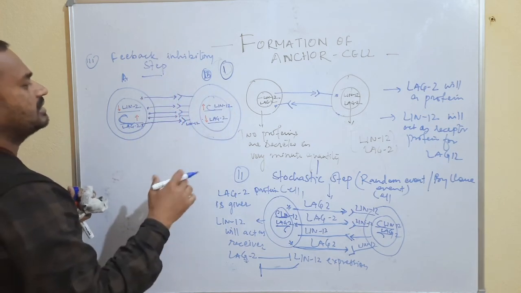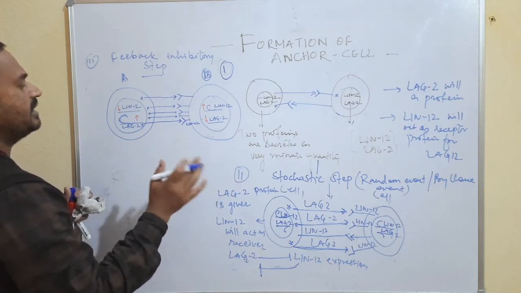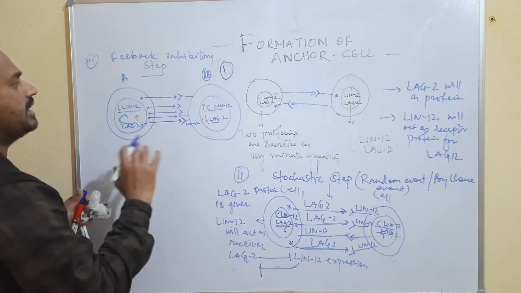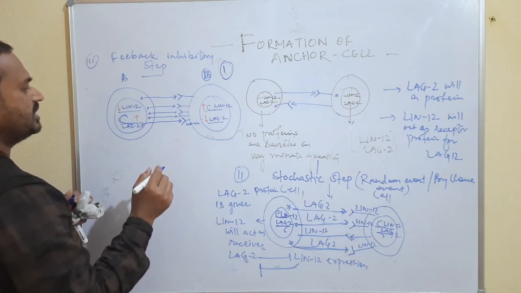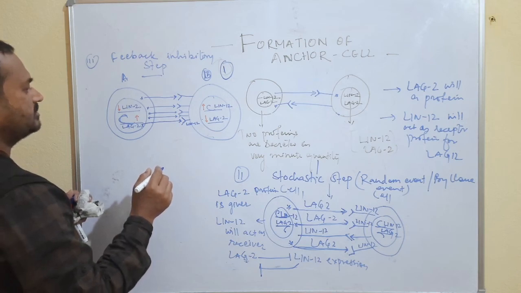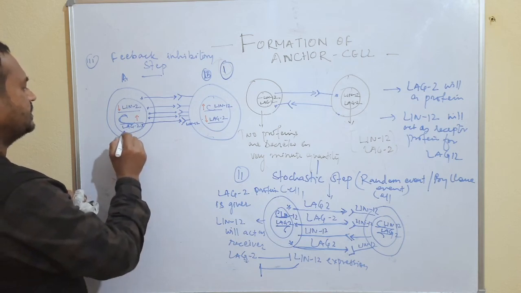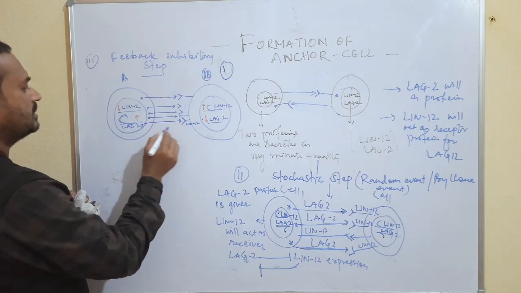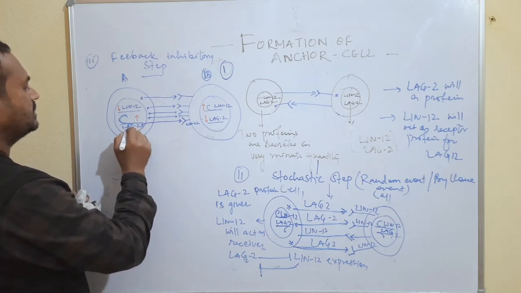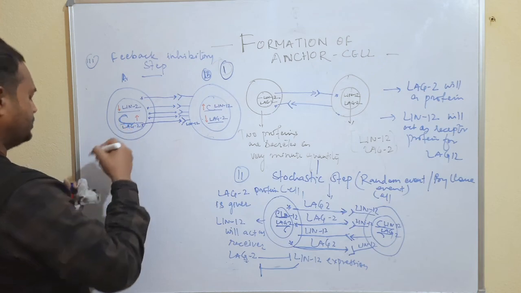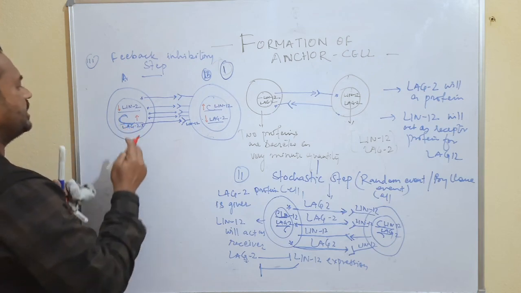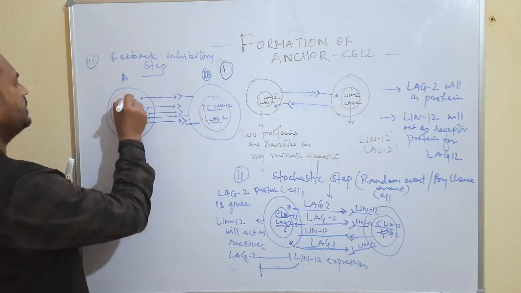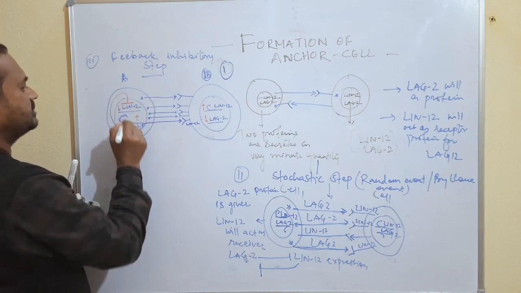Means they act antagonistically. If you want to say they act antagonistically, you can describe it here as lag-2 and lin-12 proteins will act as antagonistic to each other.